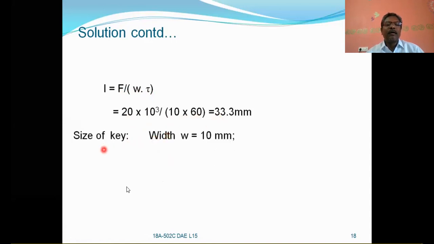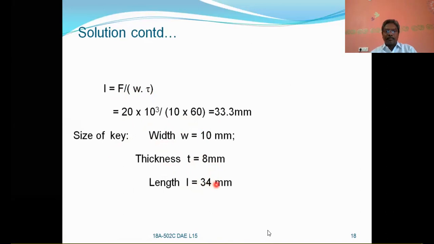So the sizes of the key are: width is equal to 10 mm, thickness is equal to 8 mm, and length is equal to 34 mm. Like this, you can solve the problems relating to keys. And next is problem 2.